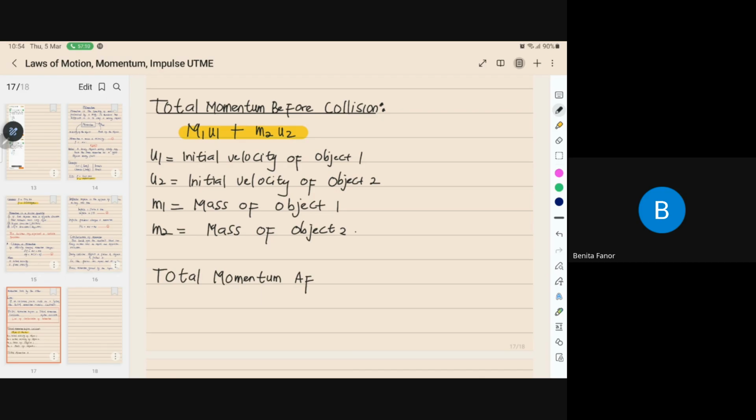It's going to be M1 V1 plus M2 V2. We're using the same M so that it will be consistent. Is that okay?